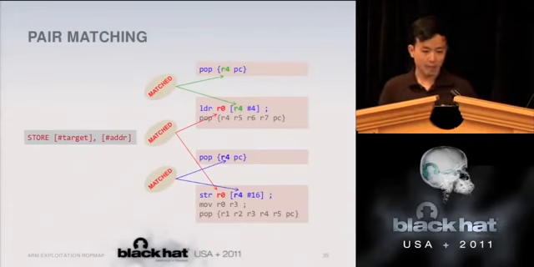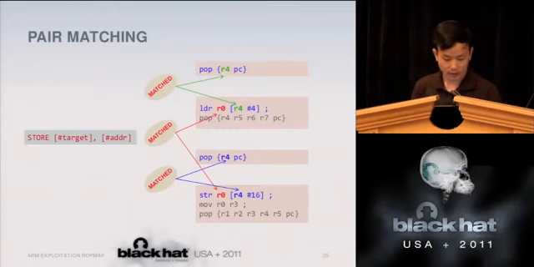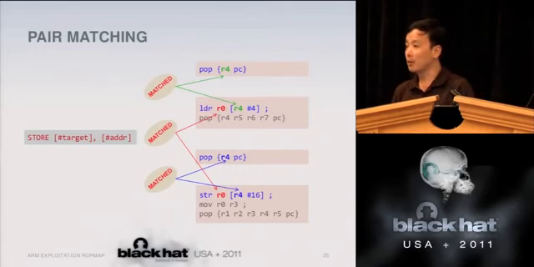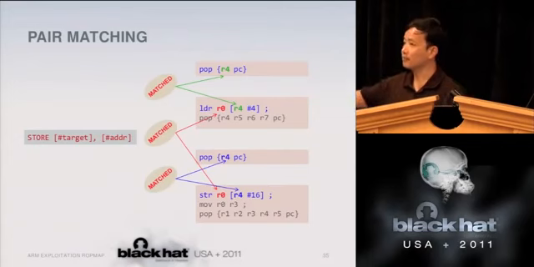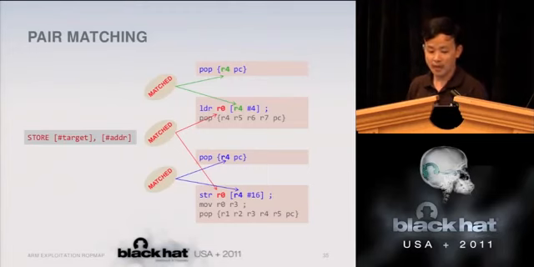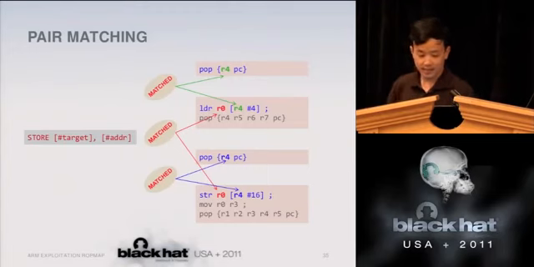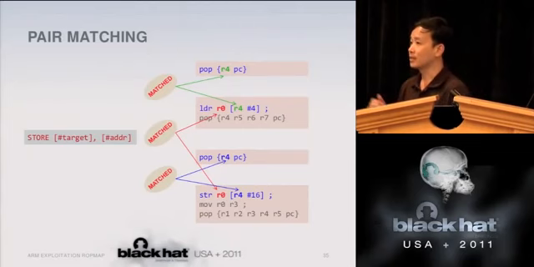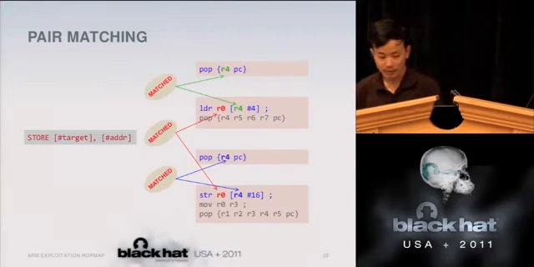The first one is pair matching. Here we see an example of the store instruction. We want to store a value referred by an address to the memory pointed to by the target. The last instruction will be STR to store a value, so here we have STR R0 to R4 plus 16.